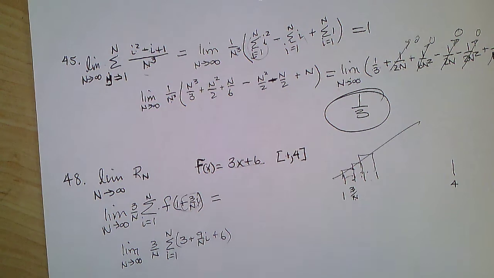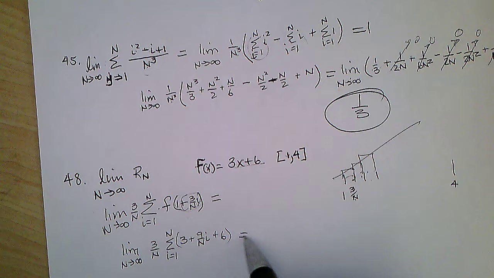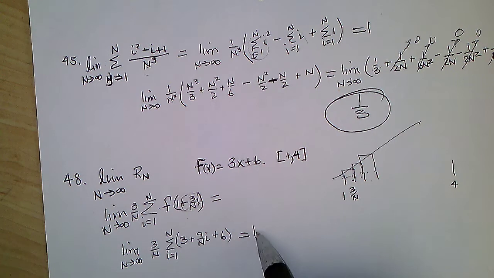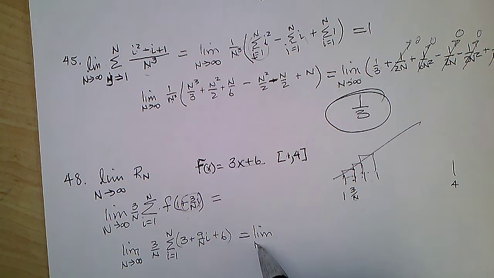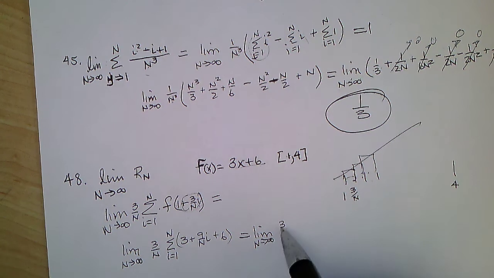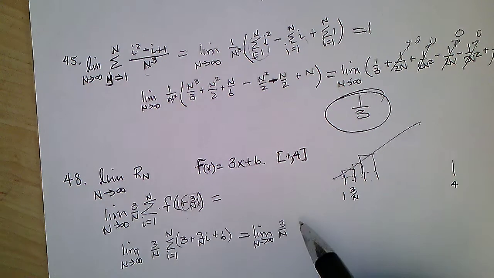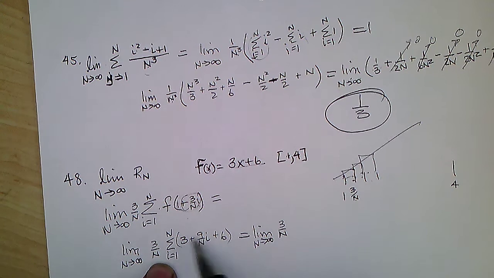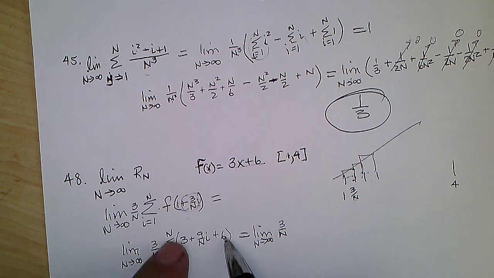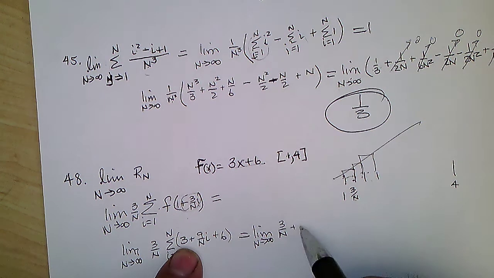Okay, so then this would be the limit as n goes to infinity of 3 over n, and 3 and 6 are 9, and n nines added up is 9n.